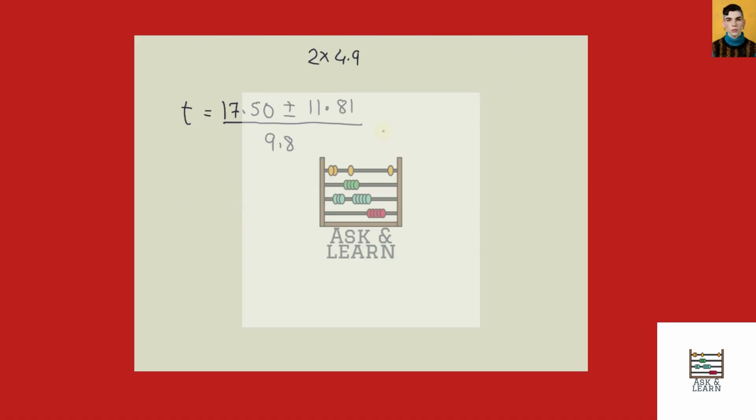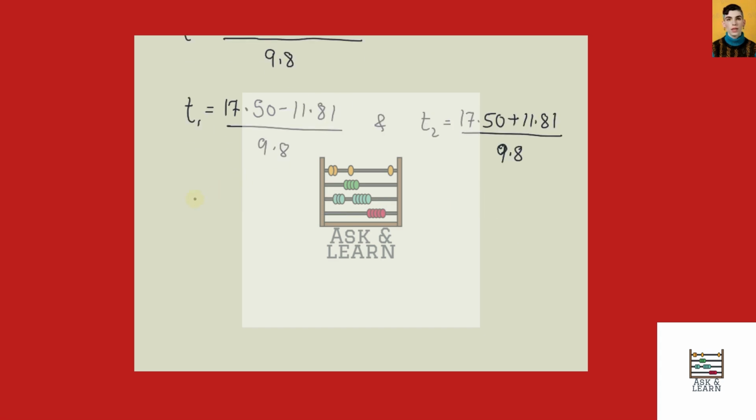So T1 will be equal to 17.50 minus 11.81 divided by 9.8, and T2 will be equal to 17.50 plus 11.81 divided by 9.8.